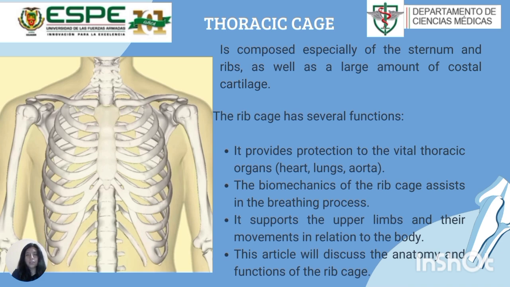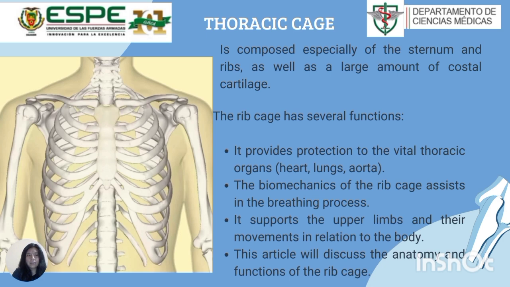The thoracic cage is composed especially of the sternum and ribs, as well as a large amount of costal cartilage. The rib cage has several functions. It provides protection to the vital thoracic organs: heart, lungs, aorta.